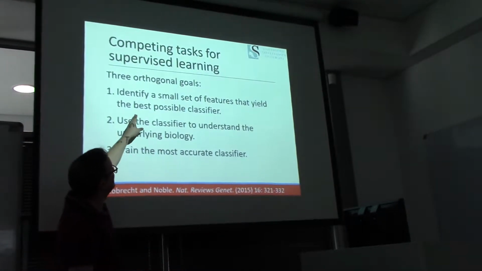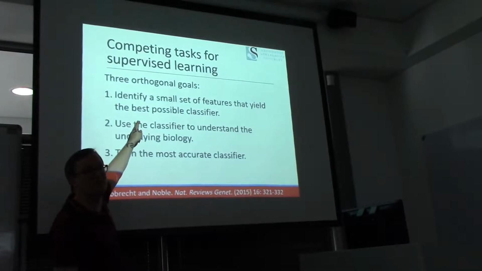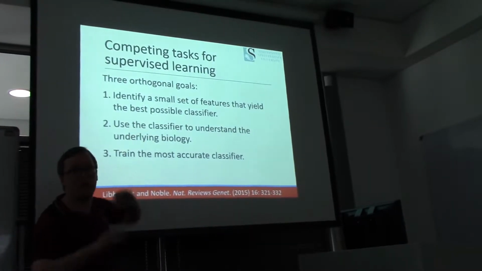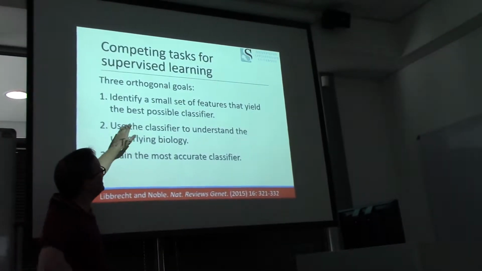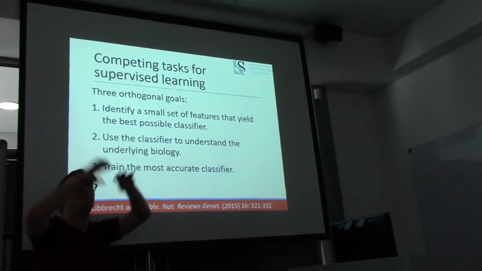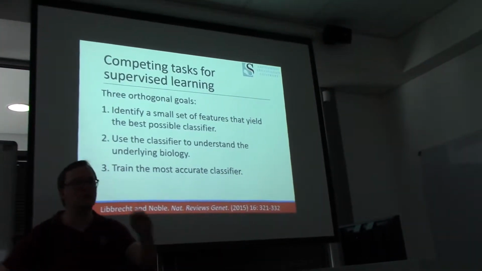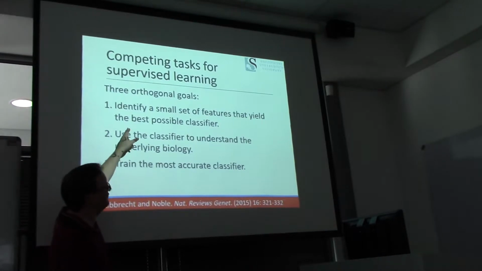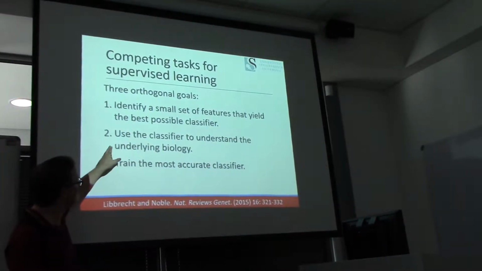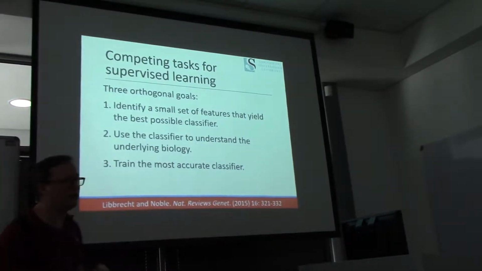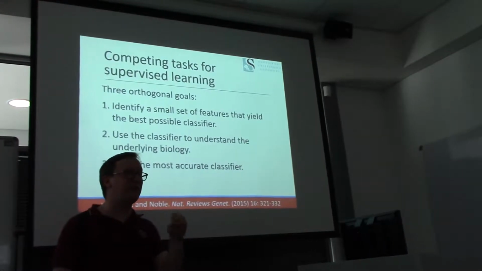So this is something that we call feature selection. This shows up all the time. So finding which of the many features we offer are most valuable in making the decision is this feature selection problem. The next one, use the classifier to understand the underlying biology.